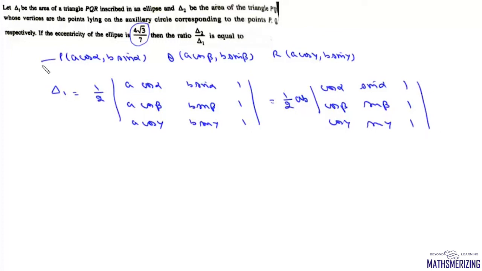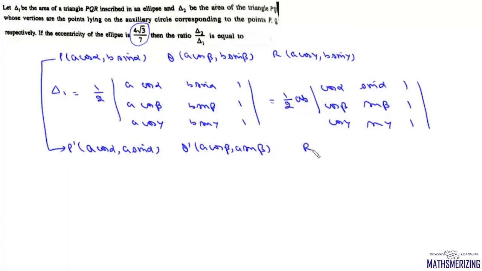Now we'll find the corresponding points on the auxiliary circle. P dash is a cos alpha, a sin alpha, and then Q dash is a cos beta, a sin beta, and then R dash will be a cos gamma and a sin gamma. So we'll find delta 2. We'll just replace b with a.